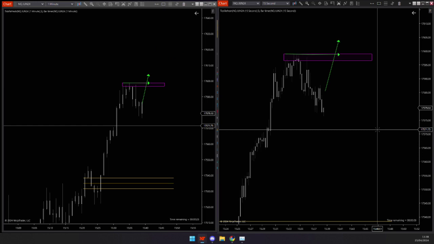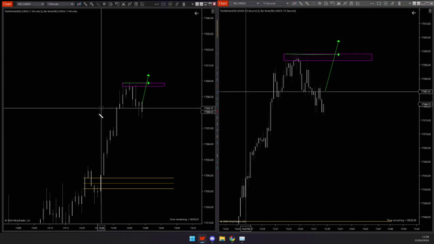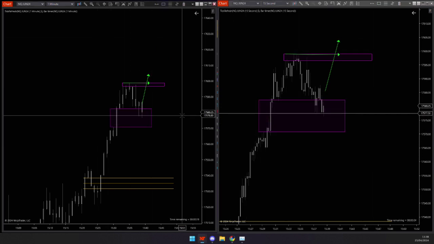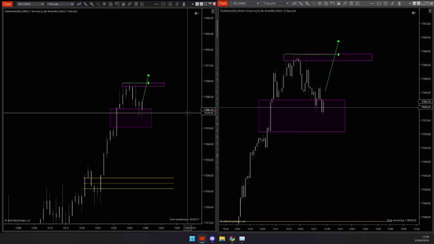So the first imbalance can put in a new high. No, this is not a zone I recommend you trade from, but I recommend just using this information to make a better decision.